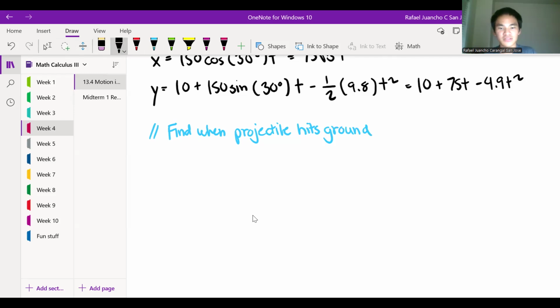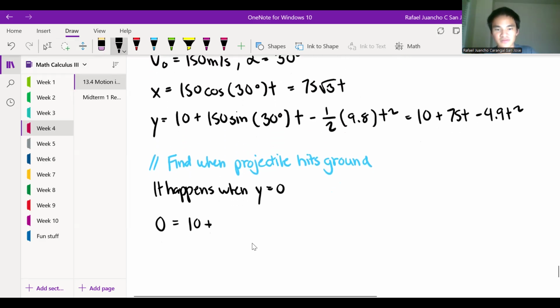And here we're simply going to say that it happens when y equals 0. So we say 0 is equal to 10 plus 75 t minus 4.9 t squared.